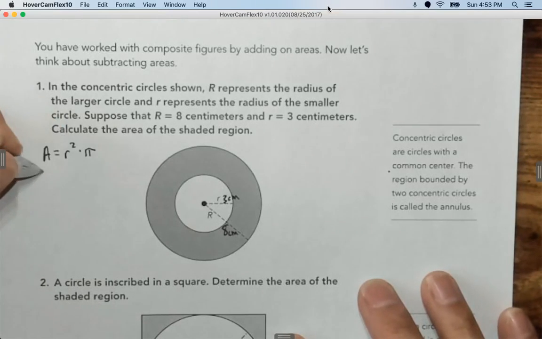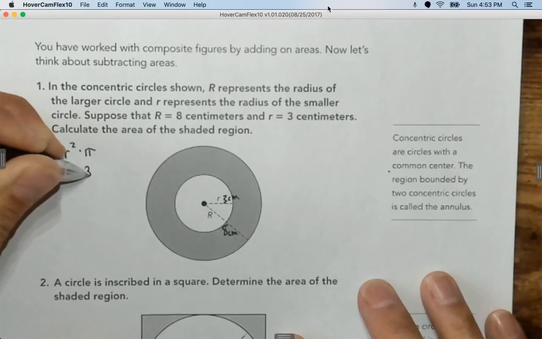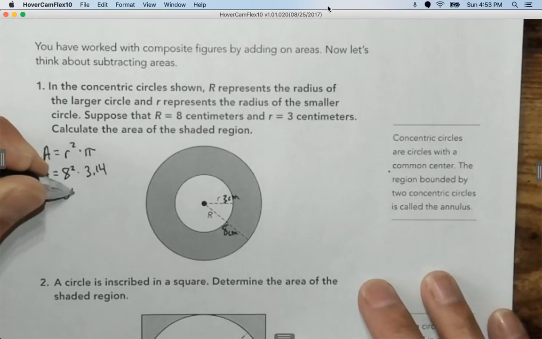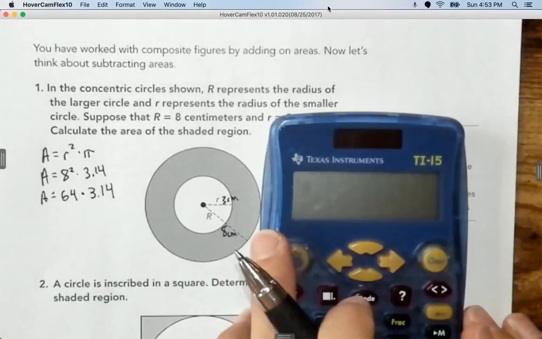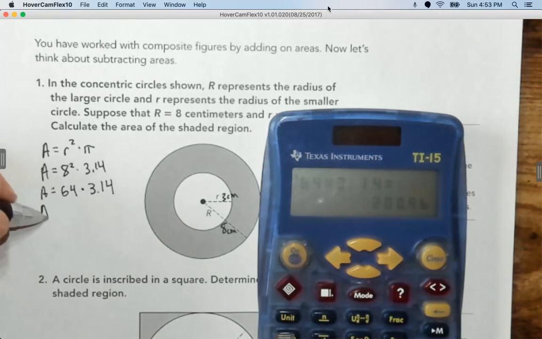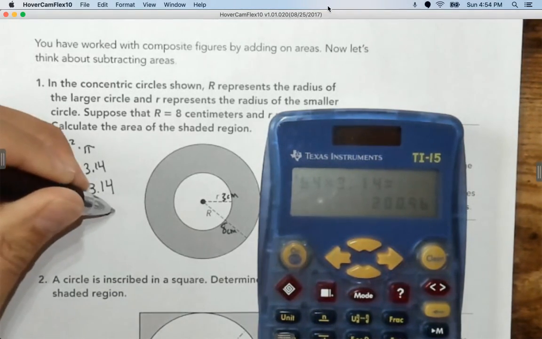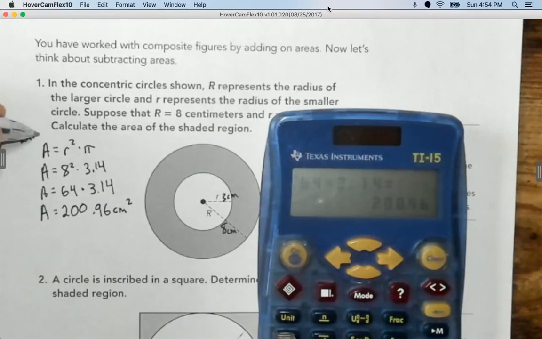So start with the larger circle there. And the larger circle is going to have an area of 200.96 centimeters squared. And so this is the larger circle.